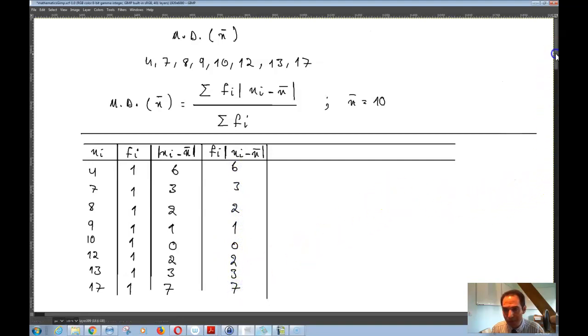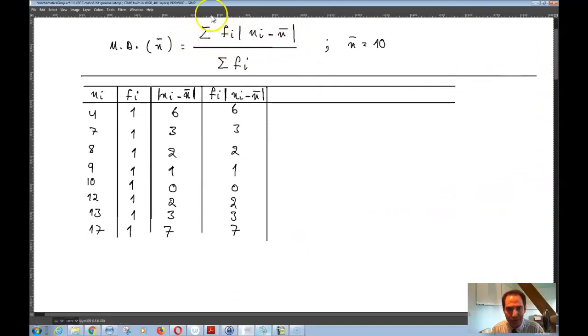Then if I calculate sigma f of i times the absolute value of x sub i minus x bar, that gives me 9 plus 2 is equal to 11, 12, 14. 14 plus 3 is equal to 17. 17 plus 7 is equal to 24.